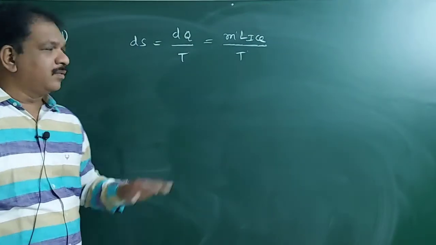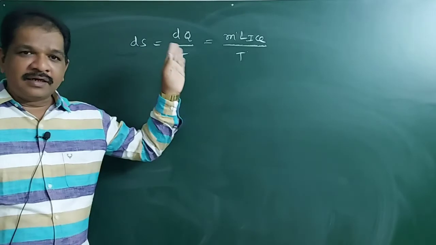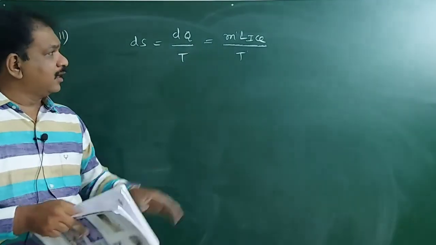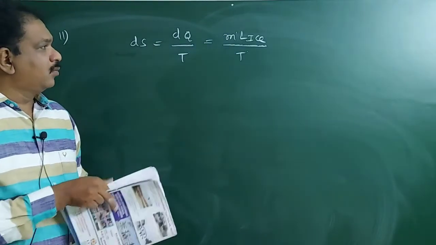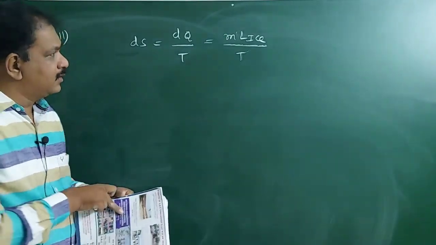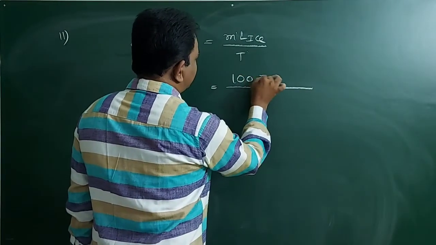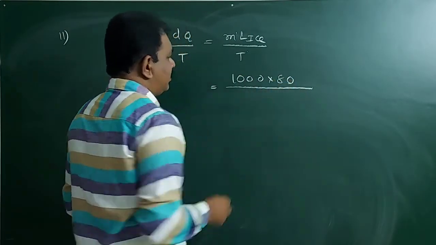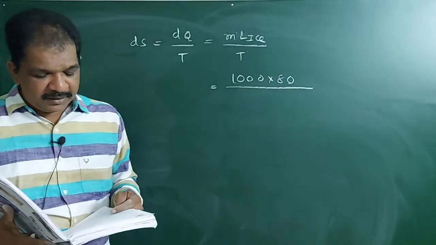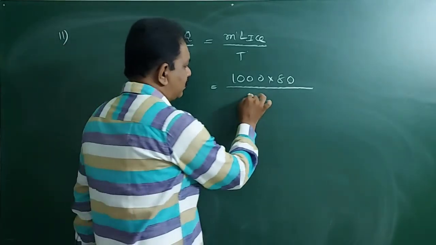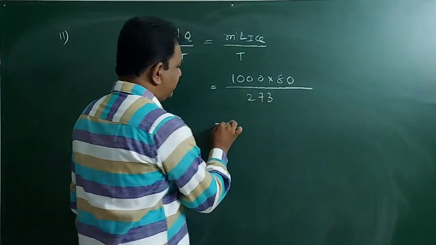Actually, the entropy concept is not there now. At the time it was there, in 2010. So this is the formula. Mass value 1 kg. You convert it to grams, 1000 grams. L ice value 80 and temperature is 0 degree centigrade, which means 273 Kelvin.